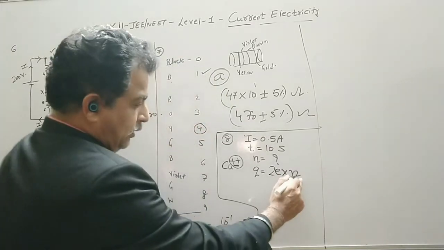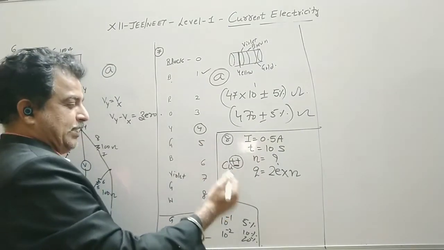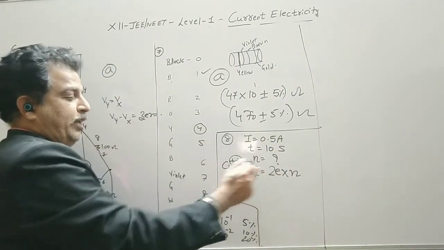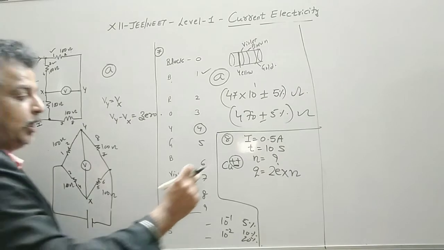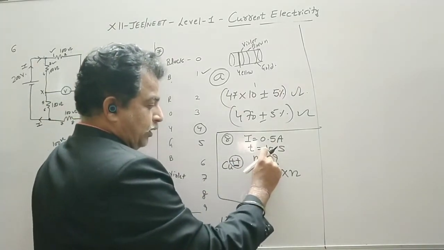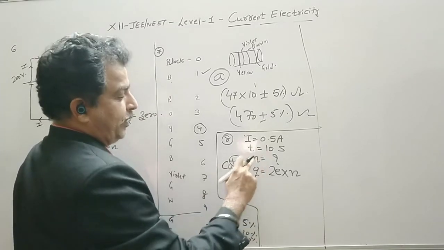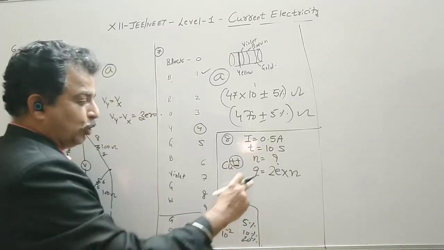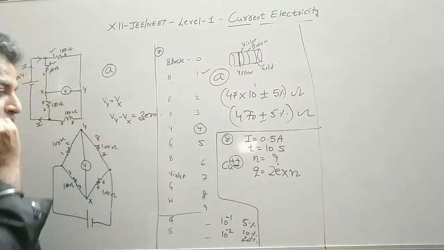So N, the number of ions, we have to find out, and if you remember the theory, in one cycle 2 electrons will be removed from this copper rod, so it becomes 2 plus. We have to find out how many electrons will be removed from the copper rod in 10 seconds. So Q is quantized, N into e.